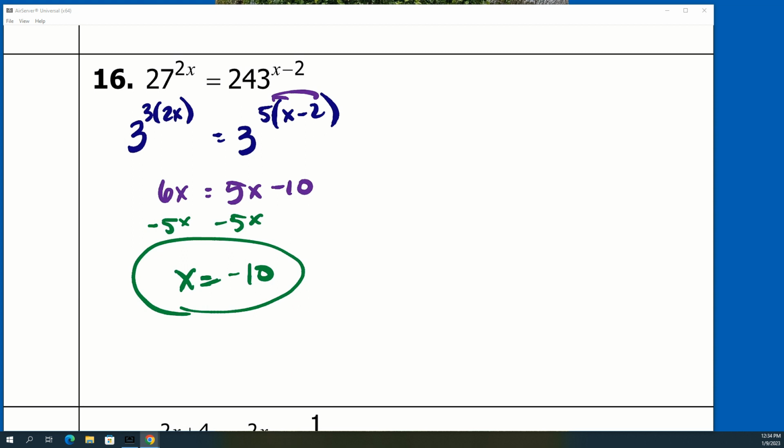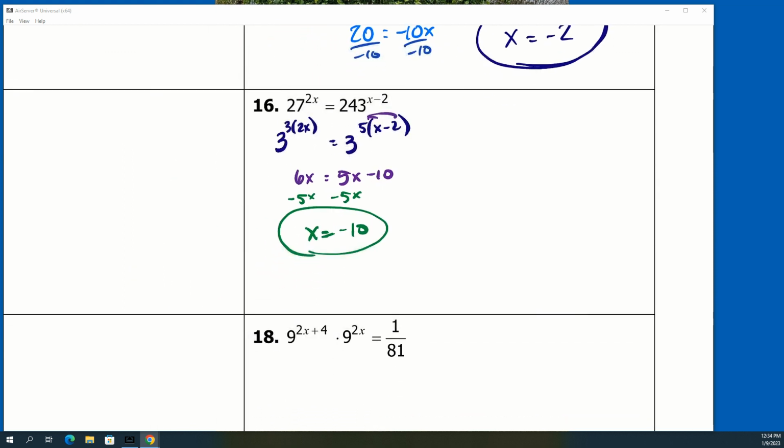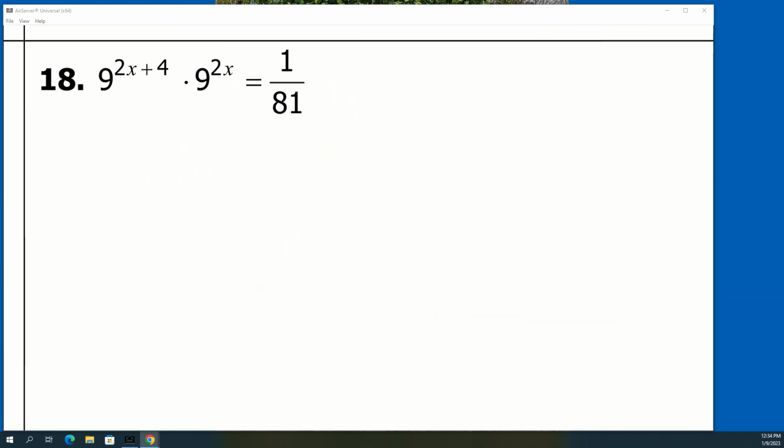So now these 4 at the bottom, they take what we just did and make it a little bit more difficult. So let's just do 18. Whenever we are multiplying and there's the same base, what do we do with those exponents? Do you remember?